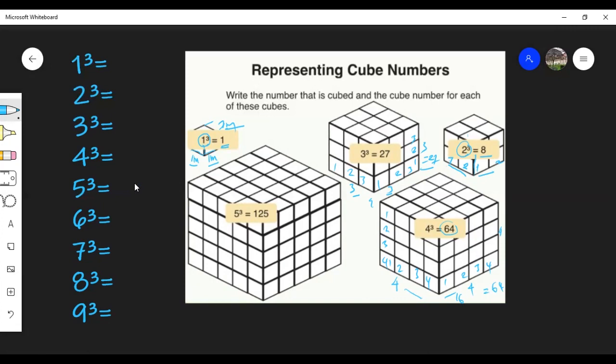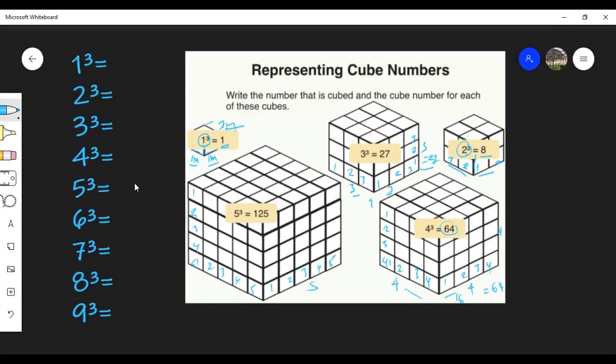So this one is also divided into 5 parts with all equal sides. So the height is 1, 2, 3, 4, 5. We have the base, which is again 1, 2, 3, 4, 5. And the width gives you 1, 2, 3, 4, 5.